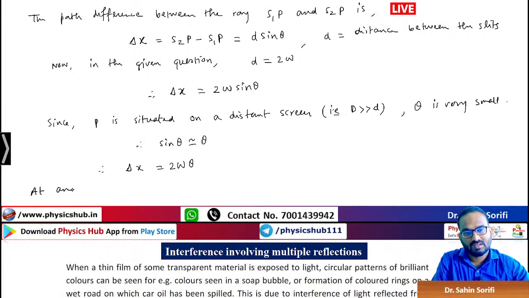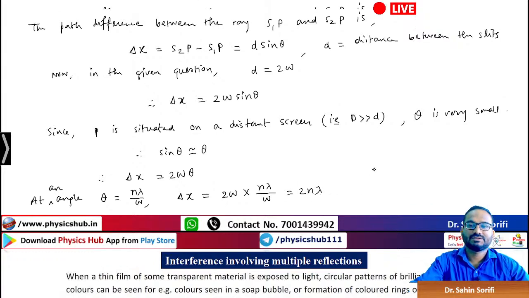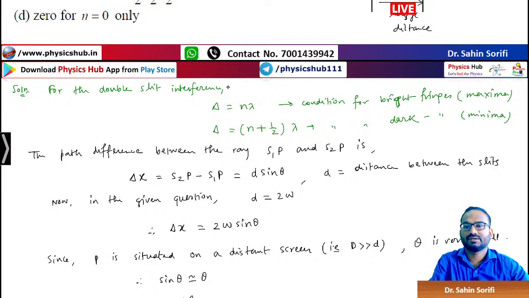At an angle theta equal to n lambda by w, we have delta x equal to 2w multiplied by n lambda by w. So this is 2n lambda. You can see it is matching with the condition of bright fringe.